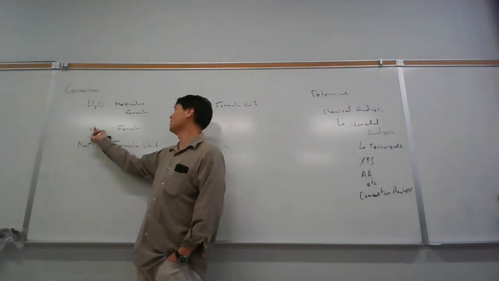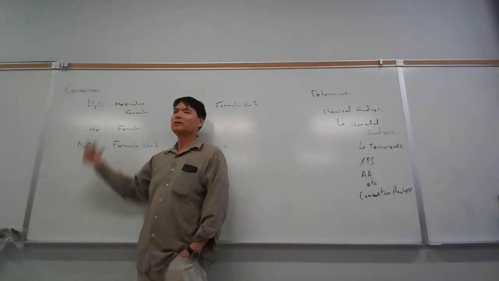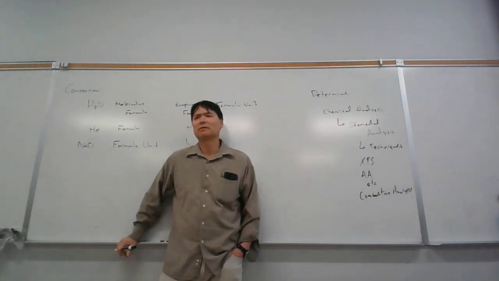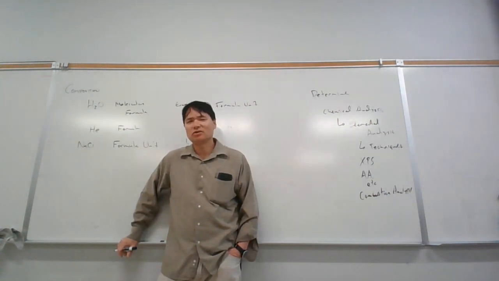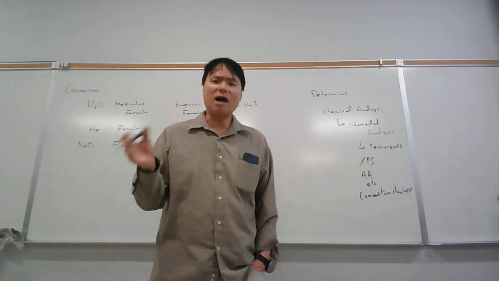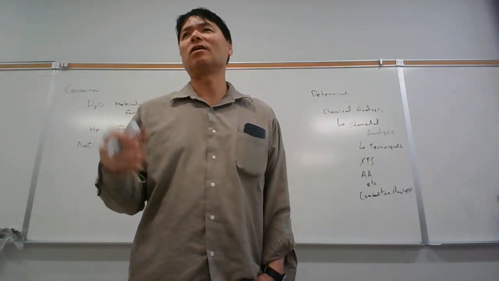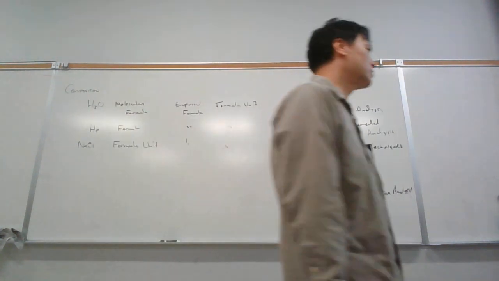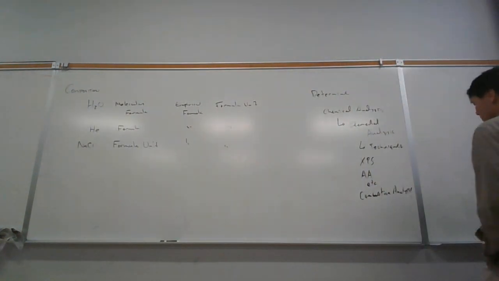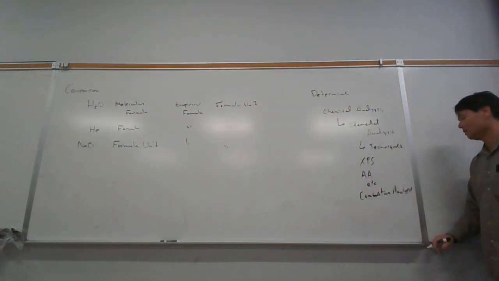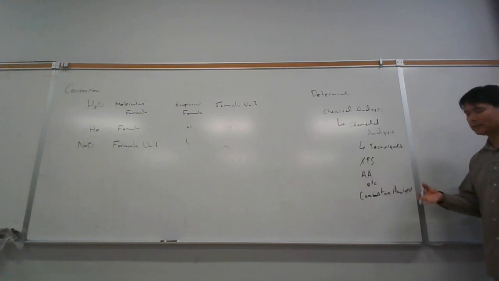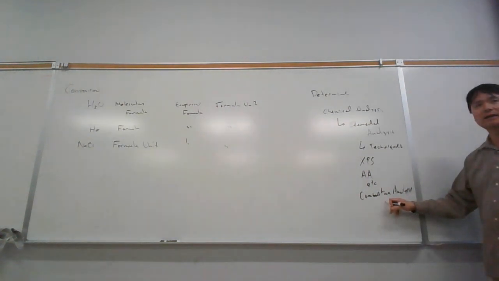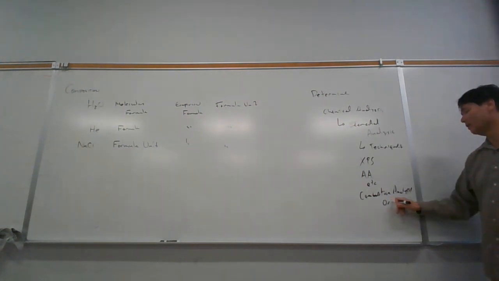Does helium burn? No. Water? No. Typically, what types of things combust? Hydrocarbons, and not just hydrocarbons, alcohol is pretty flammable. Acetone, nail polish remover, that kind of stuff. Nail polish remover is what we call a ketone. All those types of compounds are called organic compounds, although not all organics burn. So combustion analysis of organics.